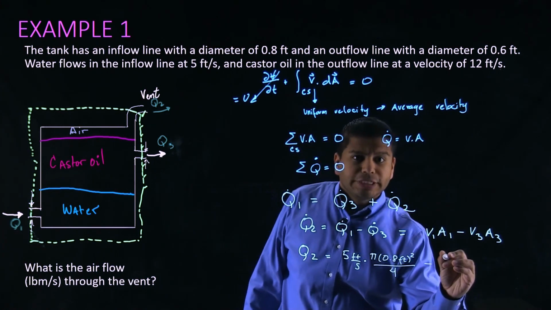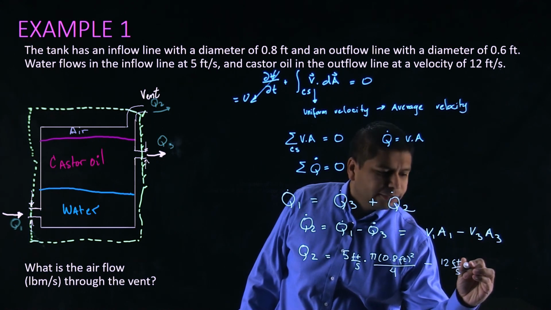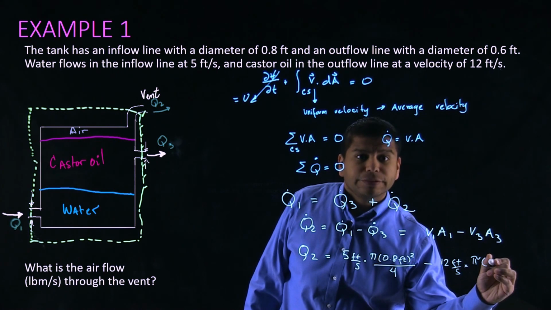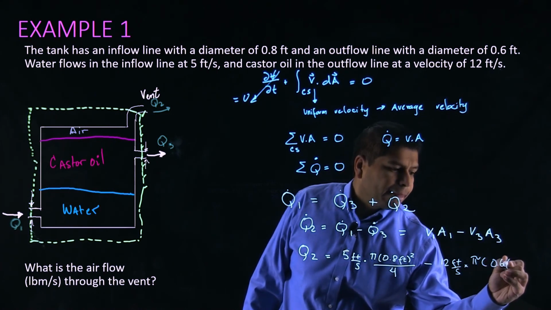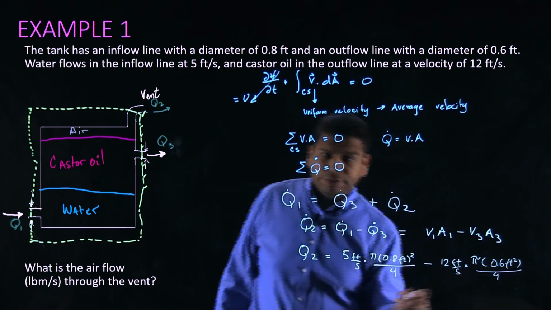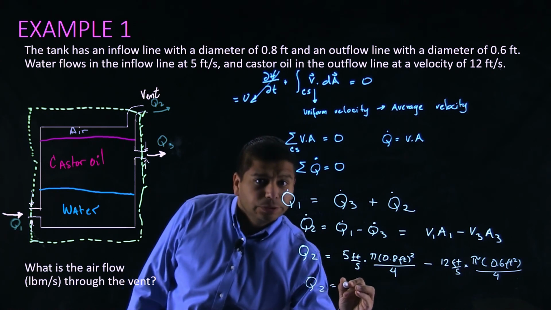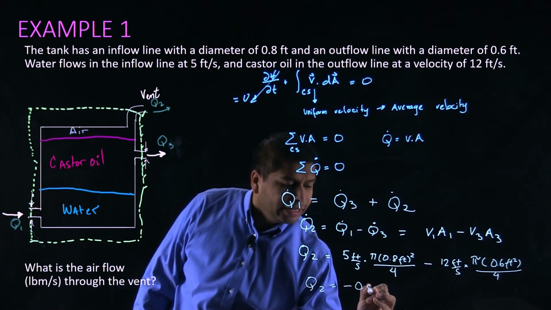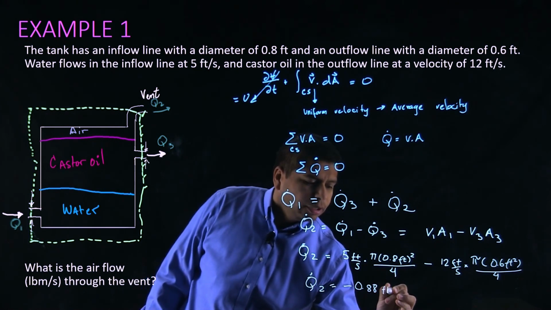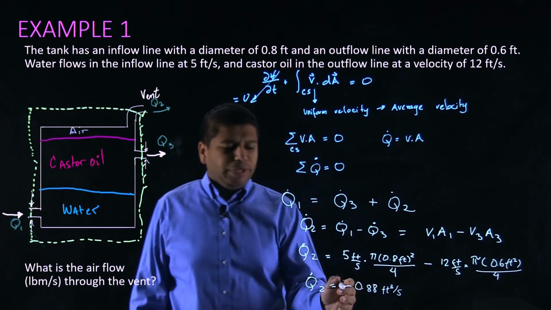This is subtracted by the velocity at the outlet, 12 feet per second, times pi and the outer diameter of that pipe, 0.6 feet squared, divided by 4. What we get from this calculation is a Q2 of minus 0.88 cubic feet per second.